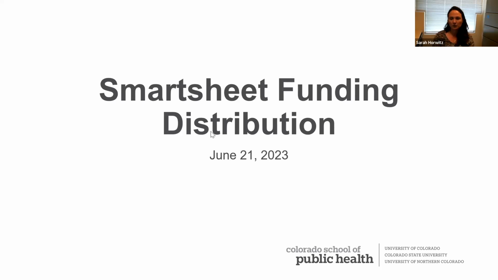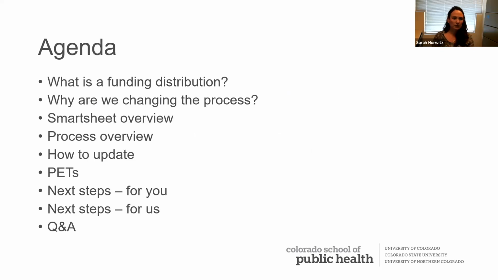So just for the agenda, we have a lot to talk about actually. So I'm going to give you the background, for some of you, of what a funding distribution is, and why we decided to change the process.